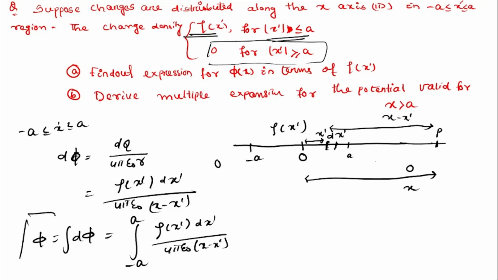This is the potential in terms of rho x prime, and then it has been asked to derive the multipole expansion. For the potential, I have phi equal to the integration from minus a to plus a of 1 upon 4 pi epsilon naught, rho x prime dx prime upon x minus x prime.